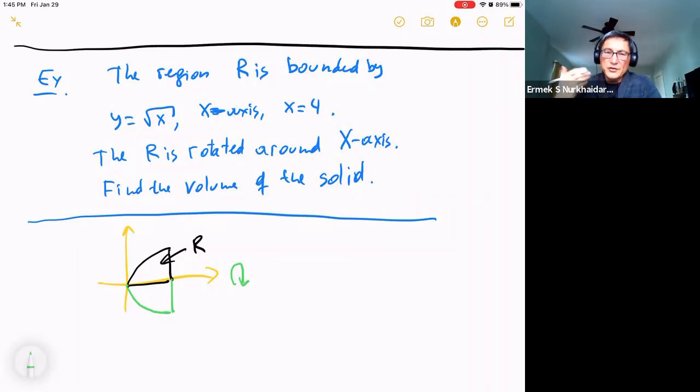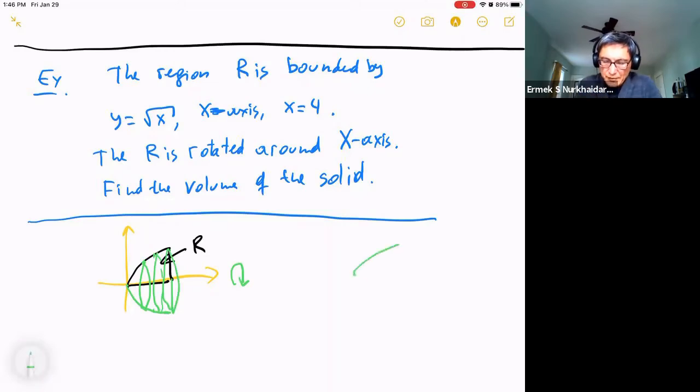And then, to help me visualize the three-dimensional object, I probably will connect opposite endpoints by something like three-dimensional perpendicular circles.